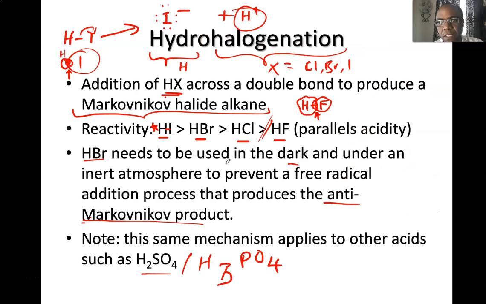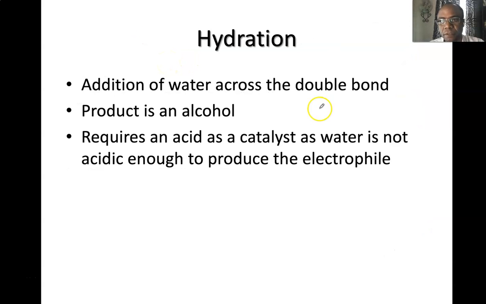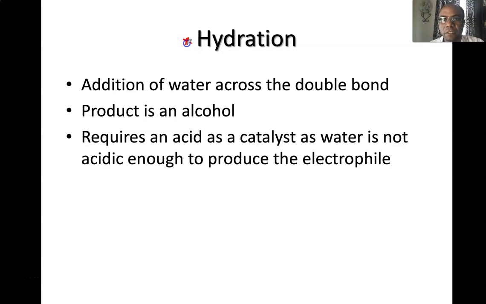So let's go back to another reaction here called hydration. Hydration is simply addition of elements of water, addition of elements of H2O. So you're simply adding an H on one side by Markovnikov process and an OH on the other side.